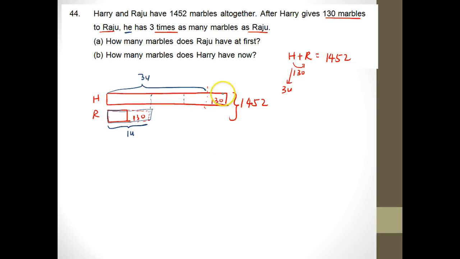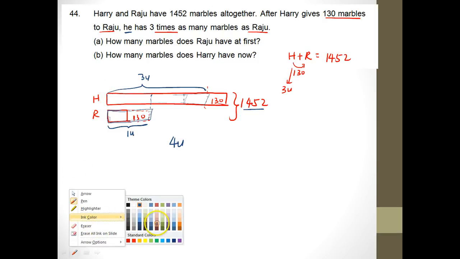So once this is given here, how do I find? I find that there is 1 unit, 2 units, 3 units, and 4 units here is 1,452. Let me draw this again to let you see clearly.